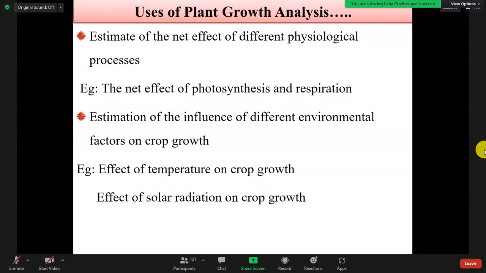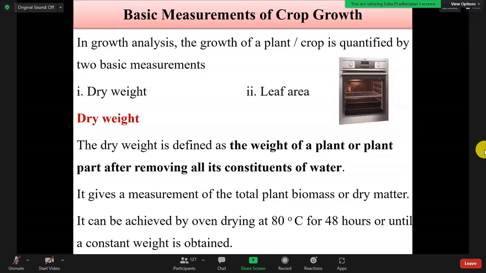So now we look into what plant growth analysis is and what benefits we have by using plant growth analysis in crops. I already mentioned the plant growth is quantifiable.